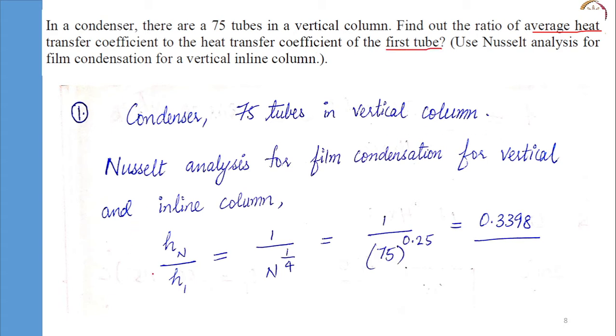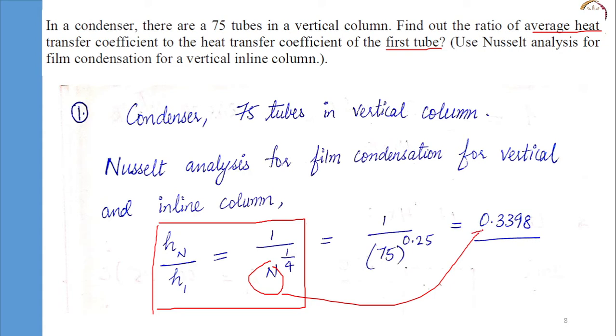So from Nusselt's theory of condensation, we have this formula which we need to remember, that h_n is h_1 into n to the power of minus 0.25. Okay, so once you put the n value, it is just arithmetic.